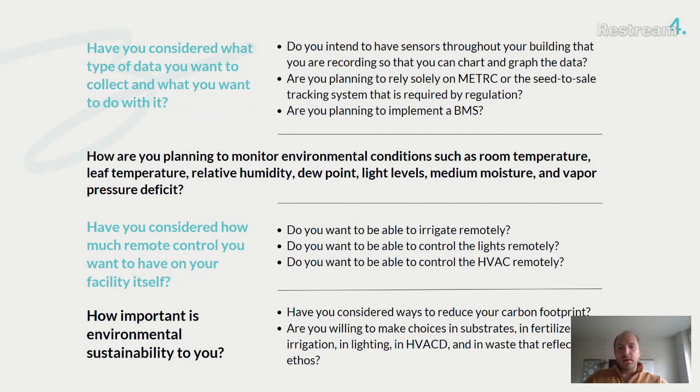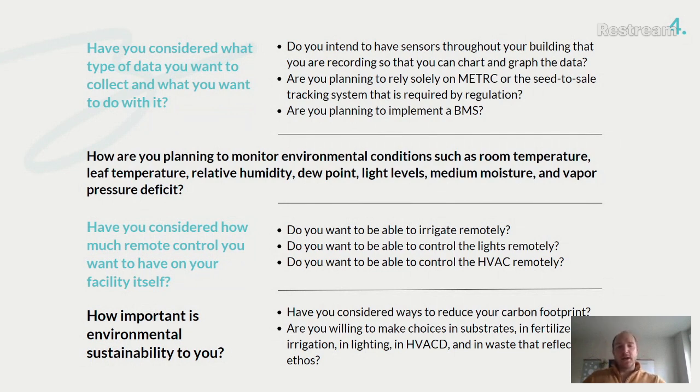Last question is more of just an awareness creator, which is how important is environmental sustainability to you? As we continue to advance the conversation on lowering our carbon footprint, and in cannabis, especially in cannabis cultivation, carbon footprints are enormous.